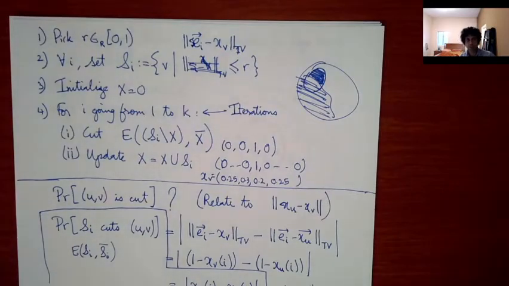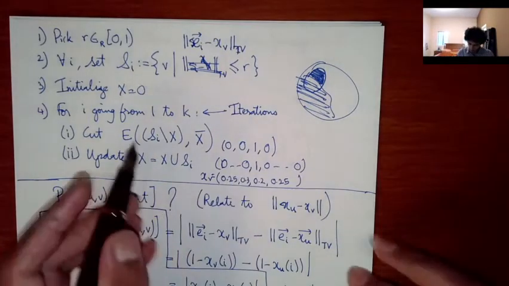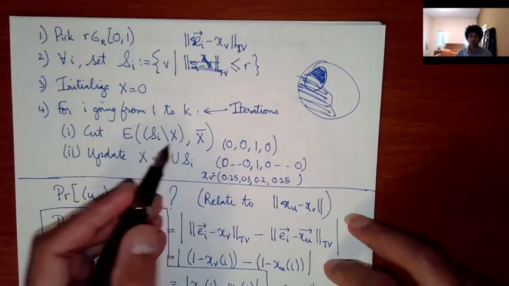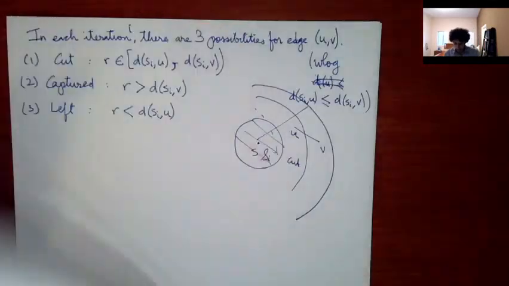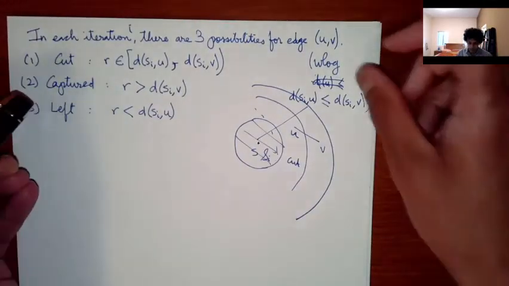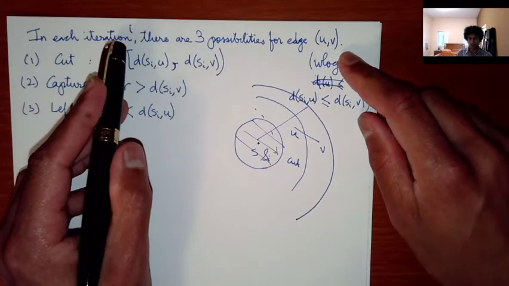Question, can the edge be subsequently cut? You're removing everything that's been captured. Okay, so I'm just saying that there are three possibilities for any edge in the ith iteration.